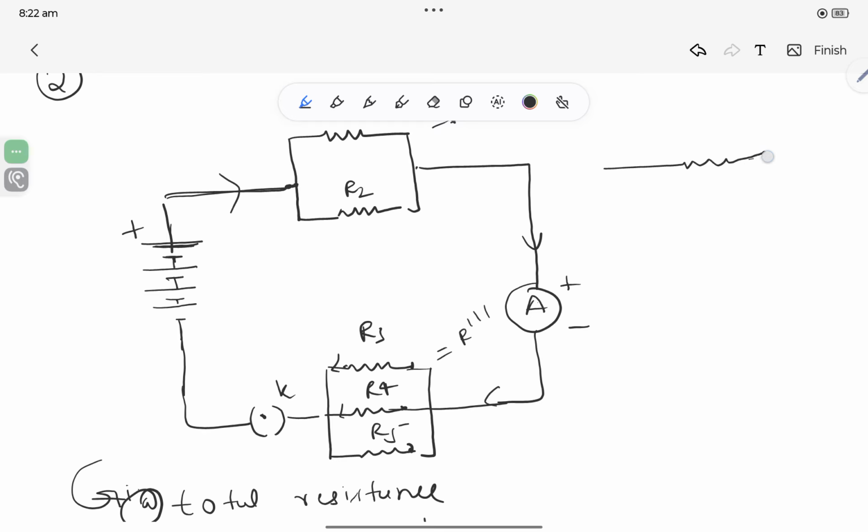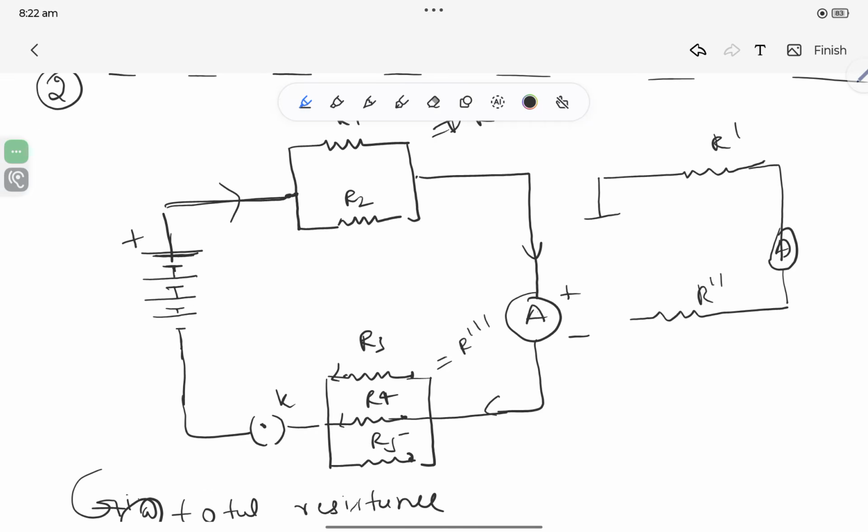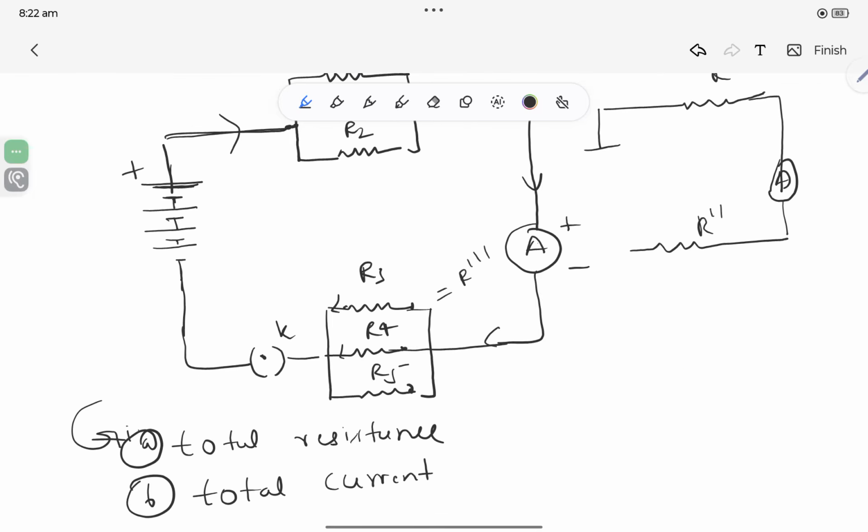After solving these, these two will become series. So first you have to calculate this one by parallel, then these three by parallel, after that the two become series. I hope you understood.